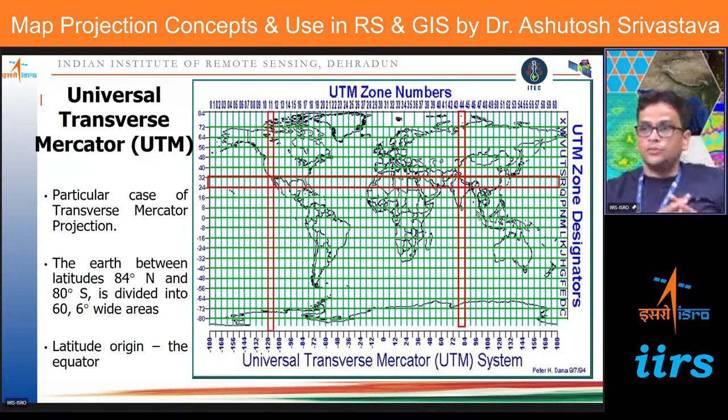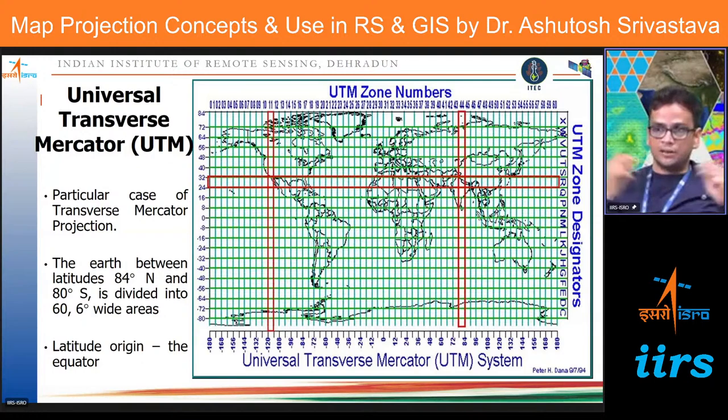Then another one we have is the UTM projection. These are the large areas we have talked about, where different projections are there. Suppose we are doing a small area study. What we have done is define grids already, which are the Universal Transverse Mercator, UTM, a particular case of the transverse Mercator projection.